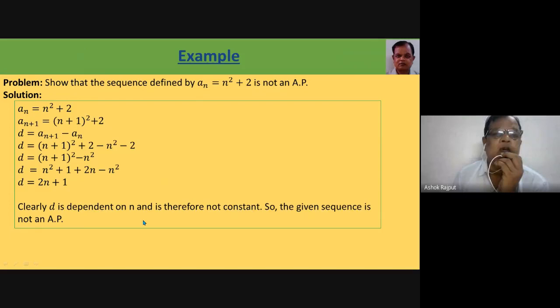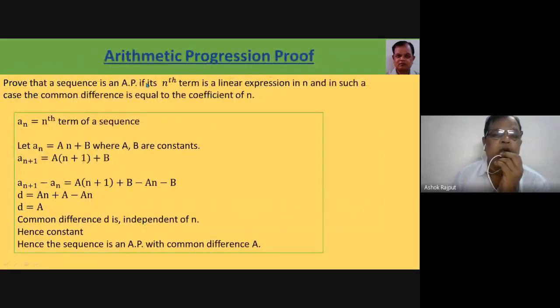Now we go to the next topic in arithmetic progression: how we prove that a sequence is an arithmetic progression. Prove that a sequence is an AP if its nth term is a linear expression in n, and in such a case the common difference is equal to the coefficient of n.